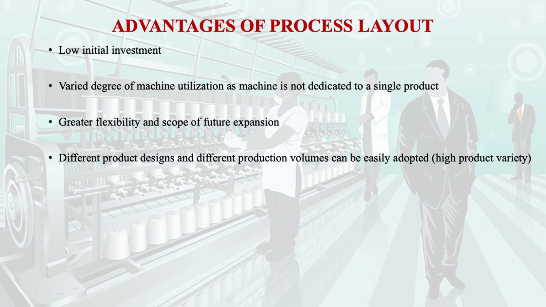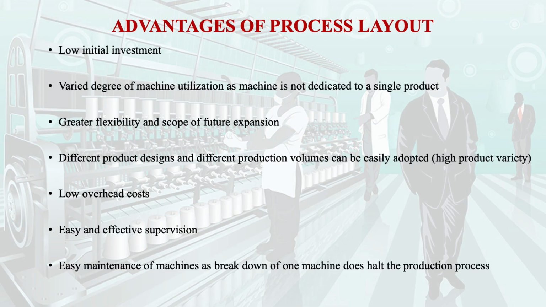Different product designs and different production volumes can be easily adopted. Therefore, we can adopt a high product variety flexibility. Another advantage is a lower overhead cost and easy maintenance of machines, because the breakdown of one machine will not halt the whole production process. Easy operation, better teamwork.